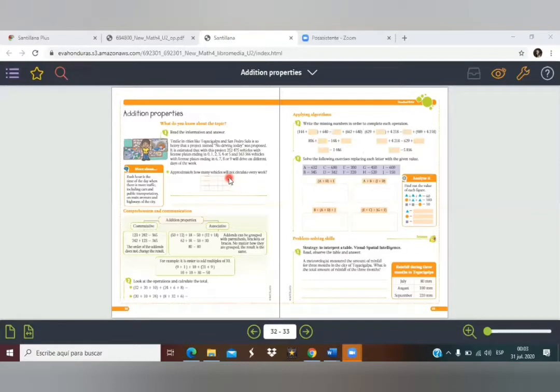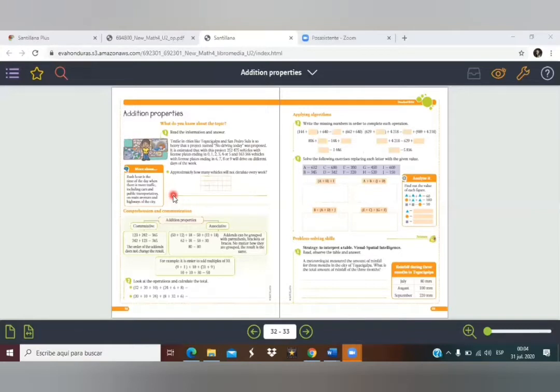And then you have to add both. Here on this line, you have to write the answer of both numbers. That is approximately 415,841 vehicles will stop every week.